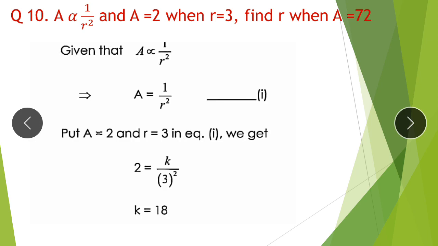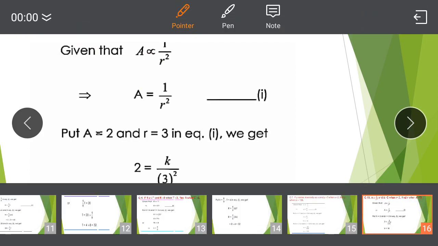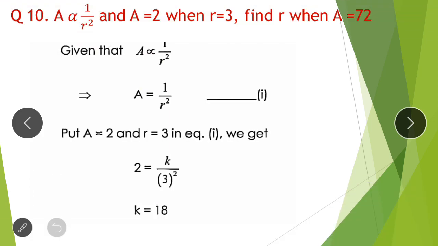Question number 10 is that if a is inversely proportional to r square, then the value of a is 2 when r is equal to 3, and we are going to find r when a is equal to 72. First of all, let's find the constant of variation here. Here you can write a equals the constant of variation k times 1 upon r square.